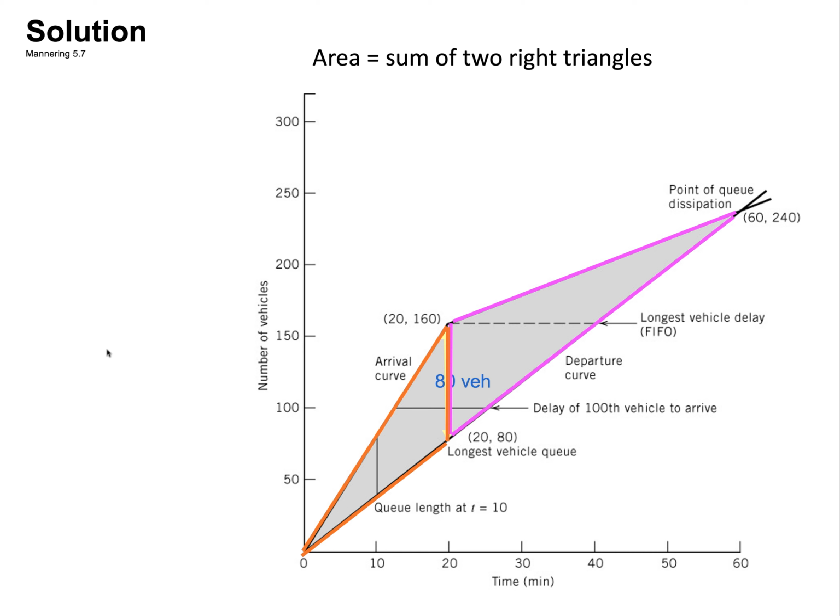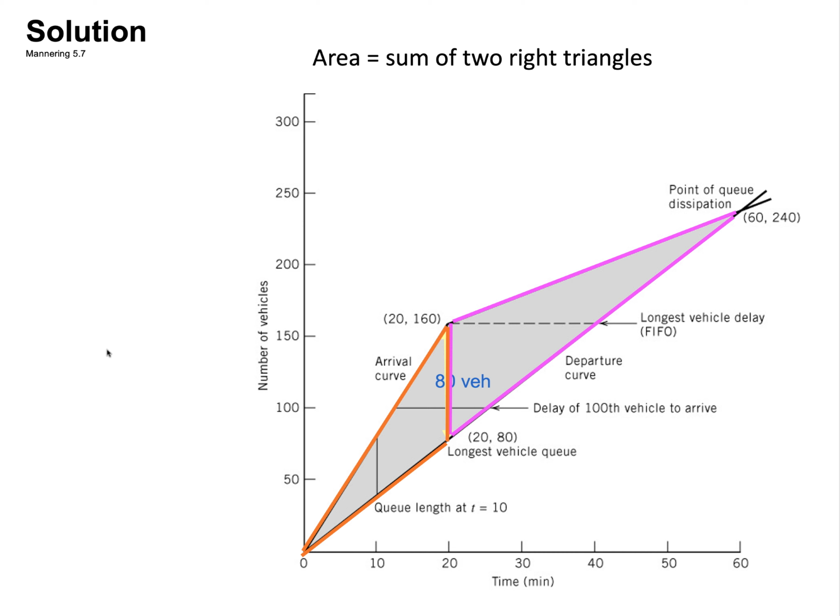And then the triangle on the right, 1/2, the base is 40 and the height is 80. So if you sum up those two values, you will obtain the total delay. And you can take the total delay and you can divide by the number of vehicles. 240 vehicles are affected by this, and you can then determine the average delay.